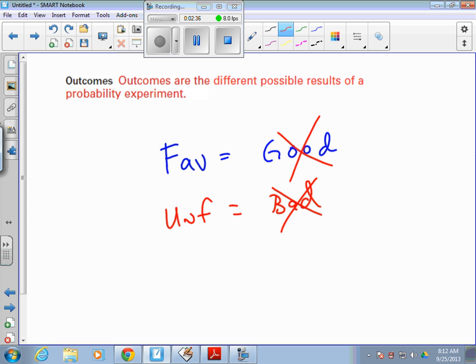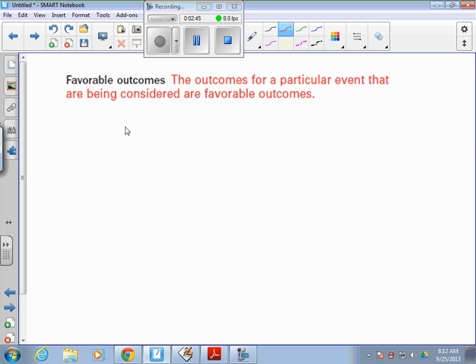Obviously, somebody not getting the disease would be better. That'd be a good thing. But it would be unfavorable in terms of what you're looking for, what you're trying to figure out, like why those diseases happen. Again, favorable outcomes are the thing that you're looking for. If you're flipping a coin, on each coin there's a heads and a tails.